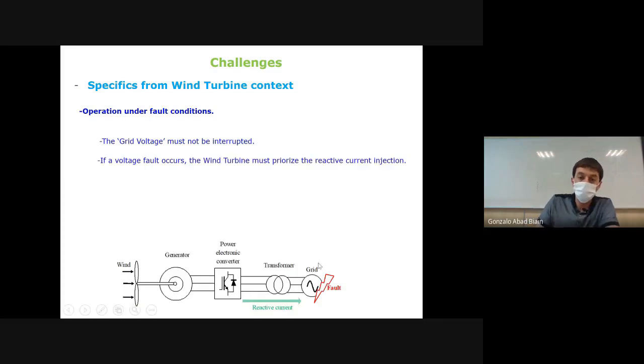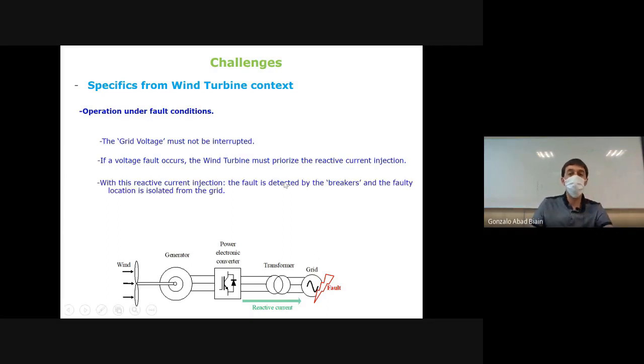You know, if a fault occurs at the grid, that is amazing, because the wind turbine must forget providing all the active power that it was providing in less than 10 milliseconds, in a very short period of time, and must provide the full current in a reactive way, in order to what we call in Spanish, despejar la falta, to clear the fault. That's very challenging, and we are doing it.